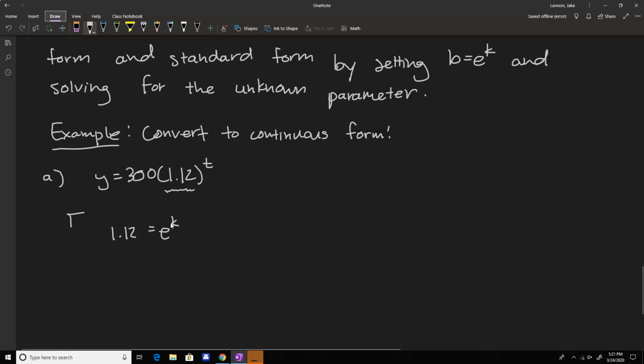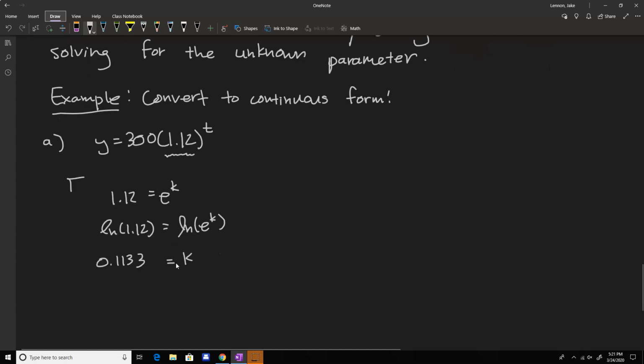Now, we're going to talk about natural logs and logarithms next week, but just know that to solve this equation, all you have to do is take the natural log of both sides. The natural log of 1.12 is the same thing as the natural log of e to the k, and we'll talk more about why that is the case in the future. That comes out to about 0.1133.